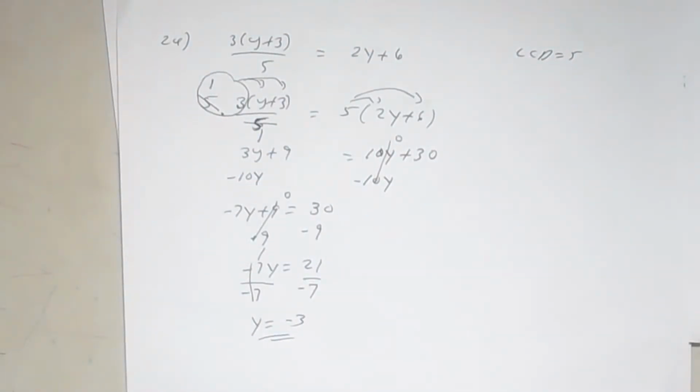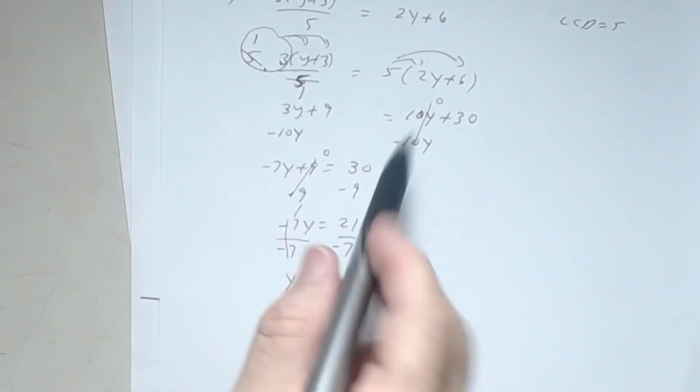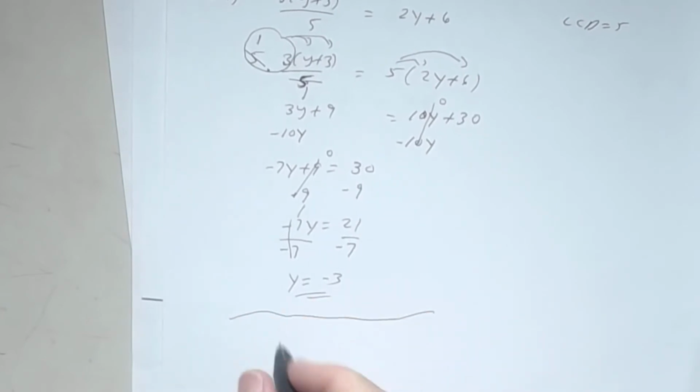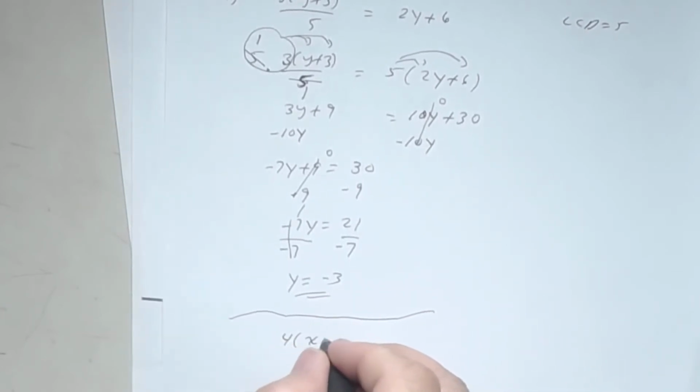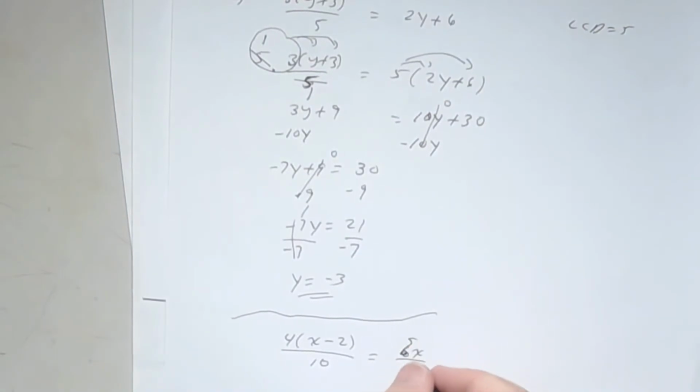All right. Now what if you had this? Similar to this one, but let's say it was this problem. So let's say you had 4 times x minus 2 divided by 10 equal 5x divided by 6 minus 2.